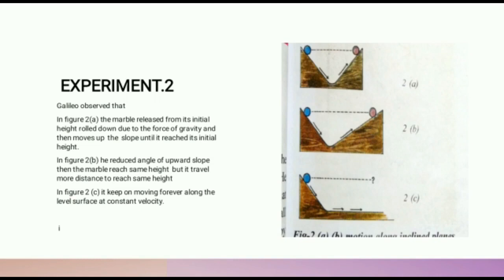So in figure 2b, the marble traveled more distance than in figure 2a. Okay. In figure 2c, it keeps on moving forever along the level surface at constant velocity.